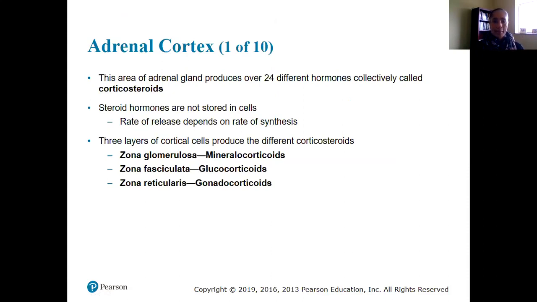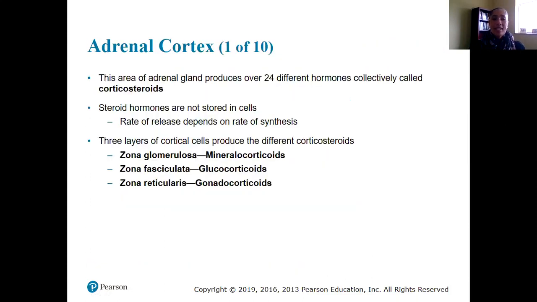of these hormones. There are 3 layers of cortical cells that produce different corticosteroids. So we have the zona glomerulosa, which is going to release the mineral corticosteroids. Then we have the second layer that releases our glucocorticosteroids, or corticoids, and then our third layer is going to release our gonadocorticoids.